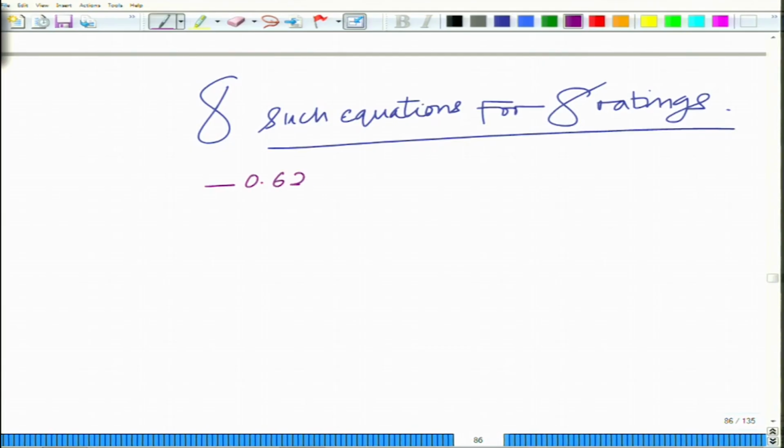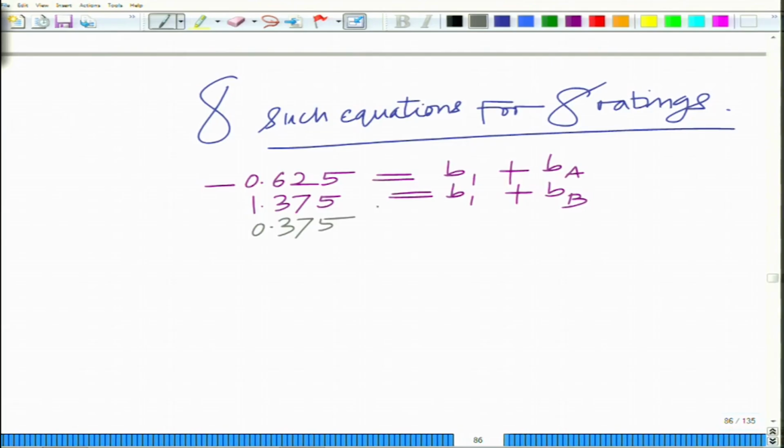The second we have already seen: minus 0.625 is B1 plus BA. 1.375 is B1 plus BB. And 0.375 is B1 plus BC.